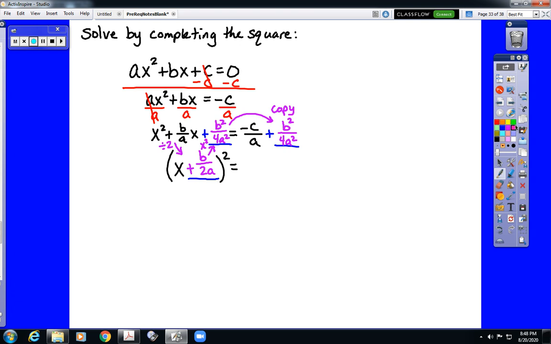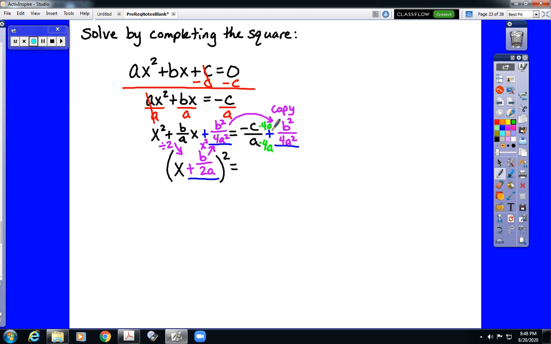Now here's the sticky part if you're not great with fractions. We need to combine these two fractions into one fraction. To add fractions, you have to have a common denominator. So we need a common denominator for a and for a squared, well, that would be 4a squared. So we ask ourselves, what is this fraction missing to make it 4a squared? It is missing the 4 and a second a.